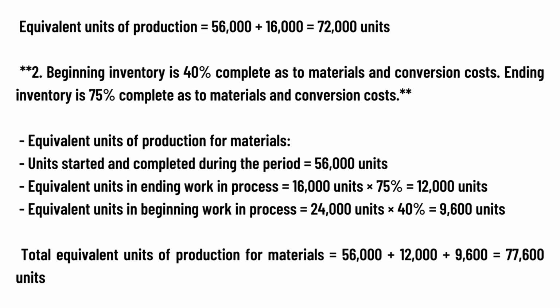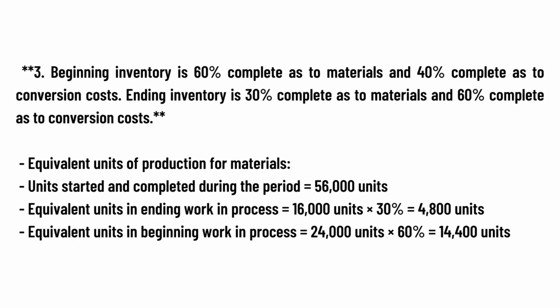Equivalent units in beginning work in process: 24,000 units multiplied by 40% is equal to 9,600 units. Total equivalent units of production of materials is equal to 56,000 plus 12,000 plus 9,600, which is equal to 77,600 units.